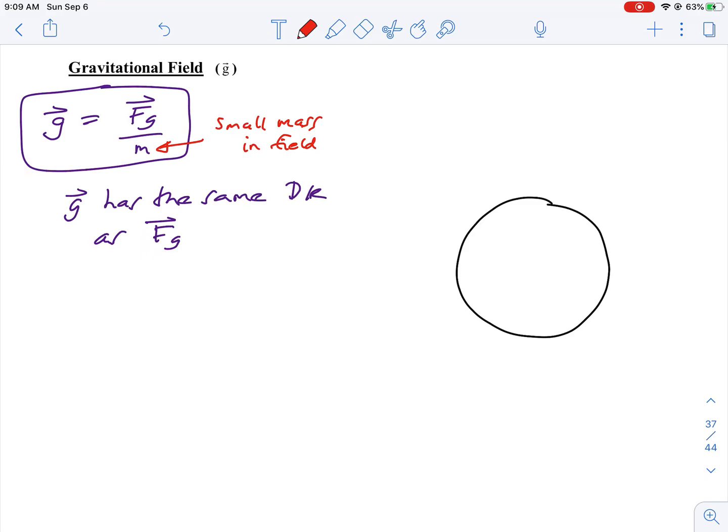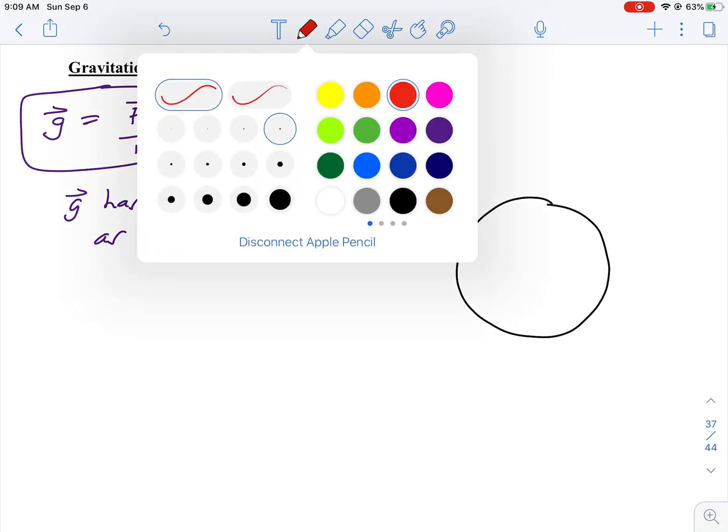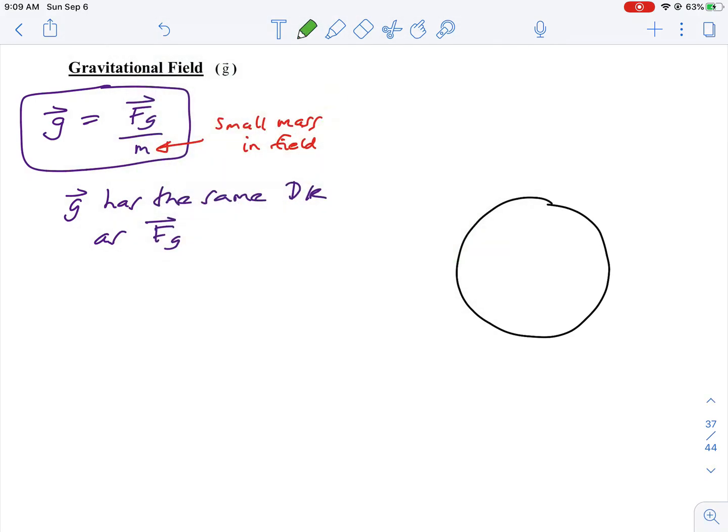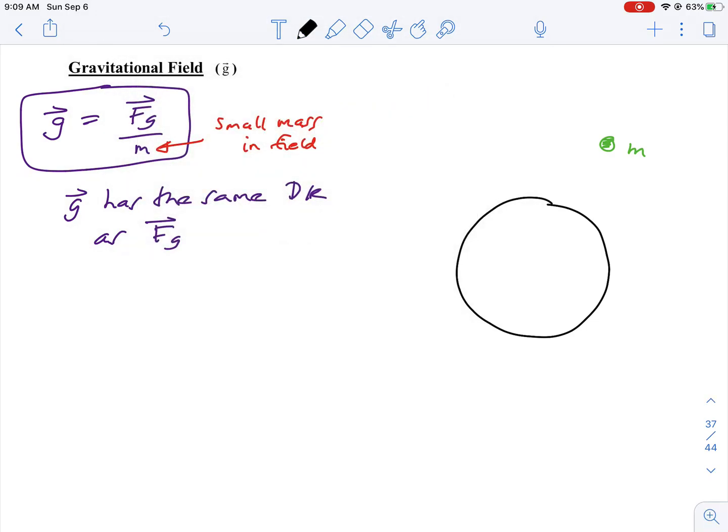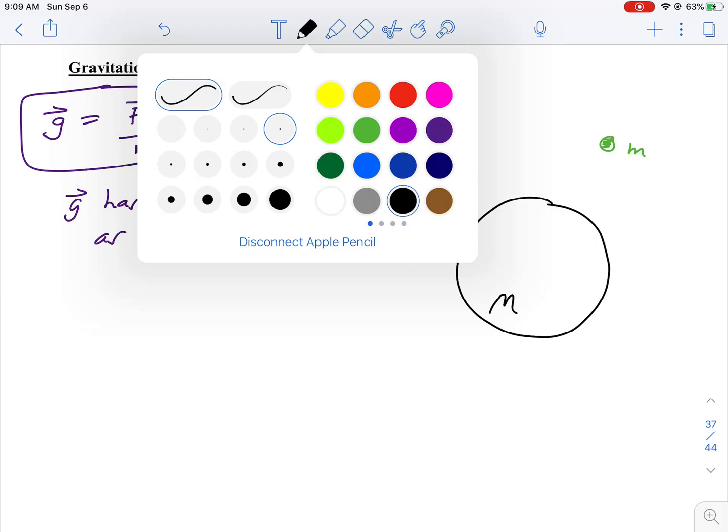So for example, on my diagram for the Earth here, let's put in a small mass, m, into the field space. Now, when you bring it into that field, and by the way, I'll just put down here on the bottom, here is the Earth with mass big M. So what we're saying is if we want to describe the direction of that field at location m, we start with the direction of Fg.